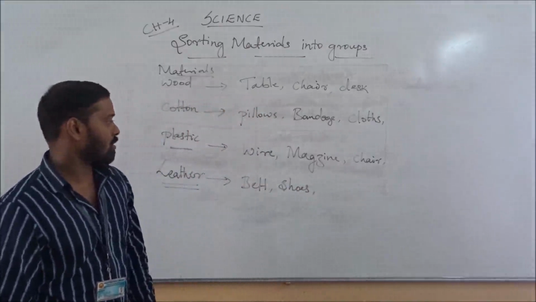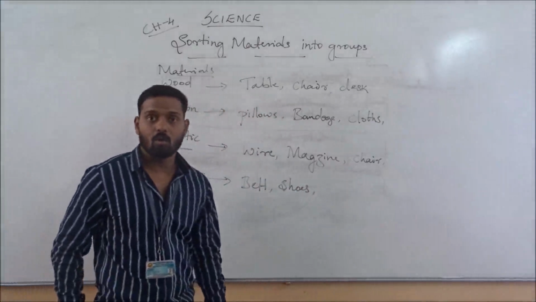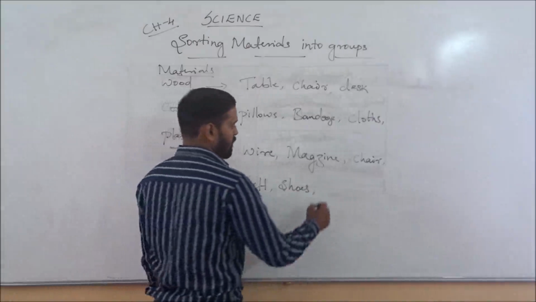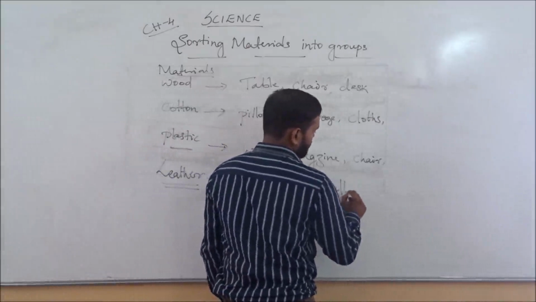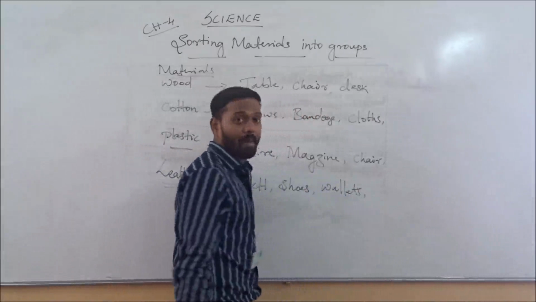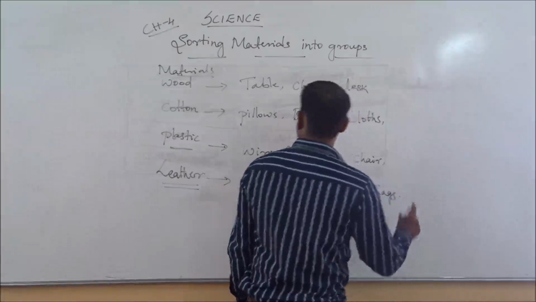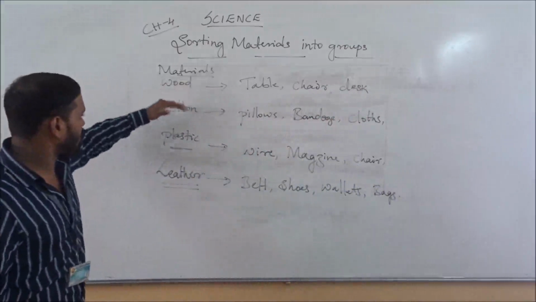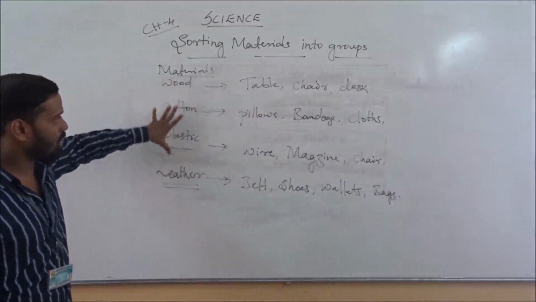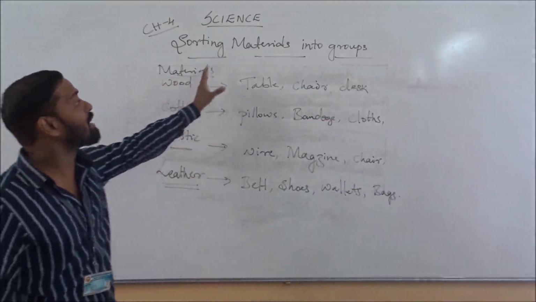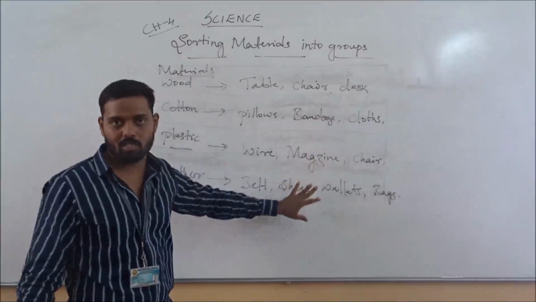Wallets we can make, and bags we can make, leather bags. So you can see that wood, cloth, plastic and leather, these are materials. Using these materials we can make a variety of objects.